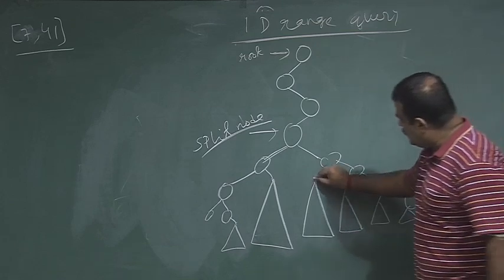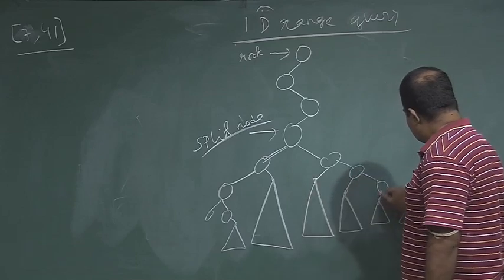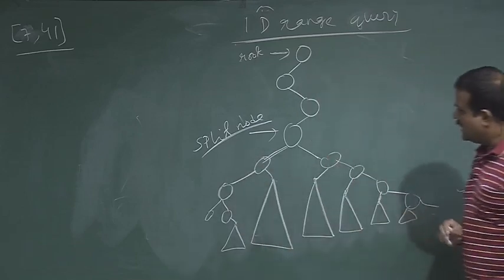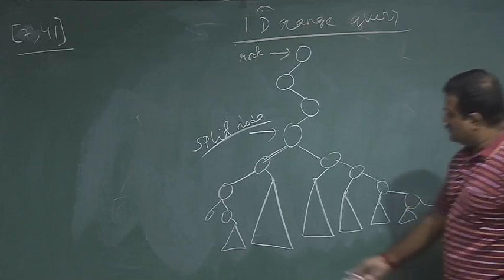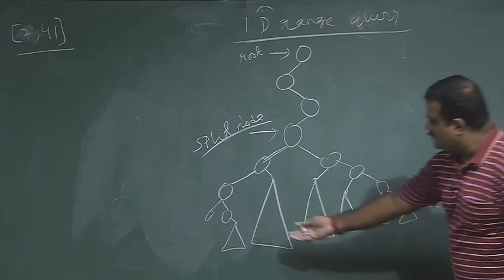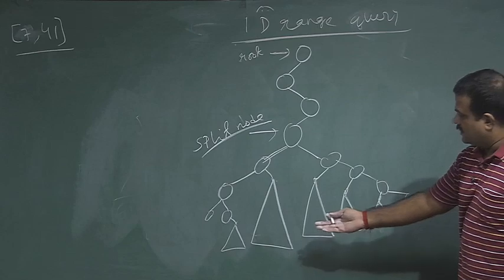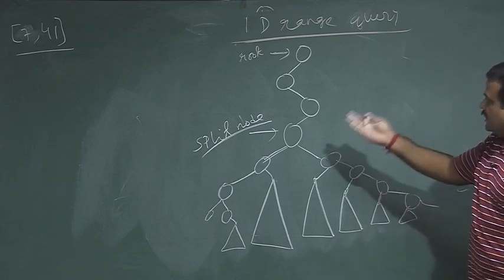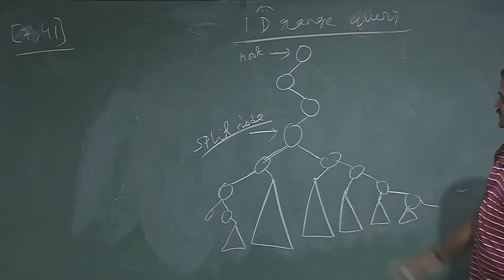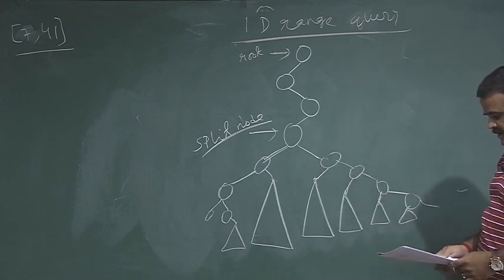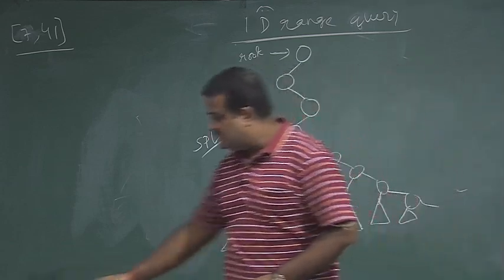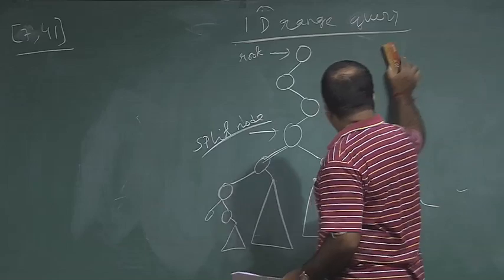We report the roots of these subtrees, and their leaves are the nodes in that range. This is the general description of range search. Now let us write the pseudocode for this.